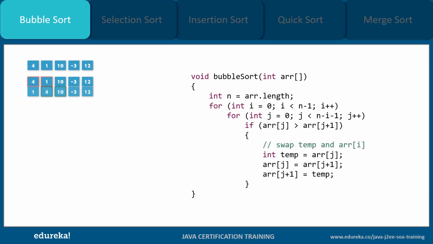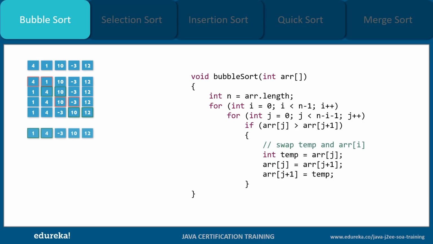Next we compare 4 and 10. That passes because 4 is less than 10. Then we move on to the next adjacent elements, 10 and minus 3. When we compare them, we find that minus 3 is the smaller one, so we swap them. In the same way, when we compare 10 and 12, it is perfectly fine, so we pass.